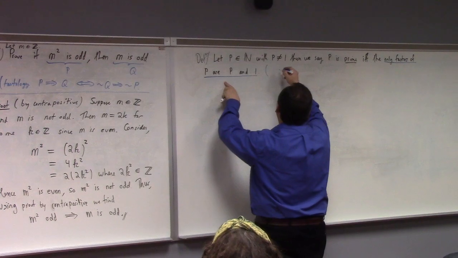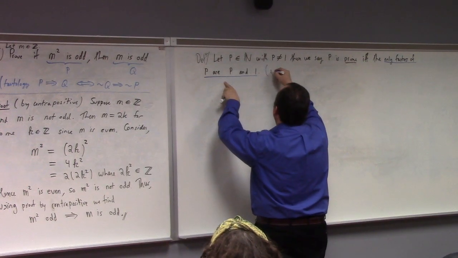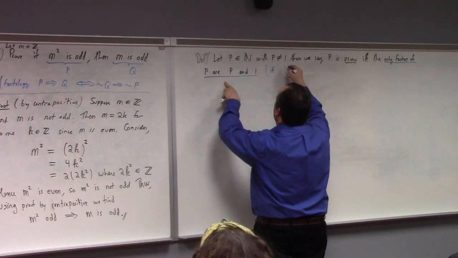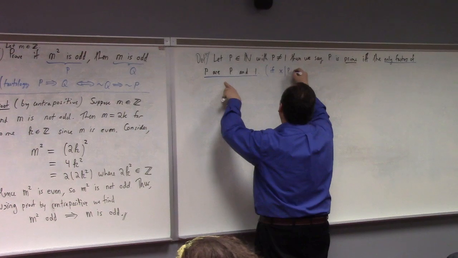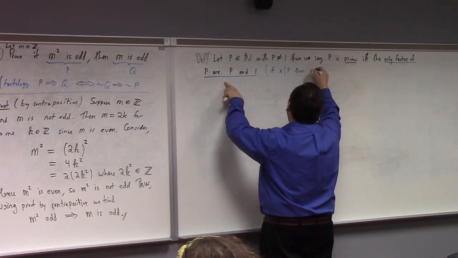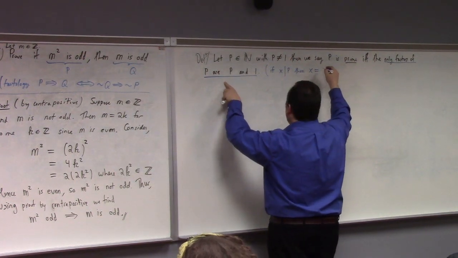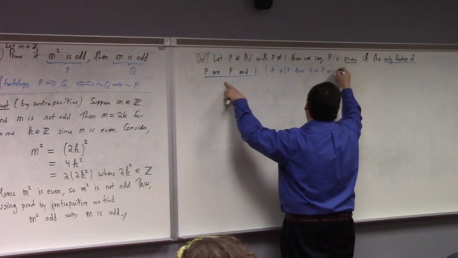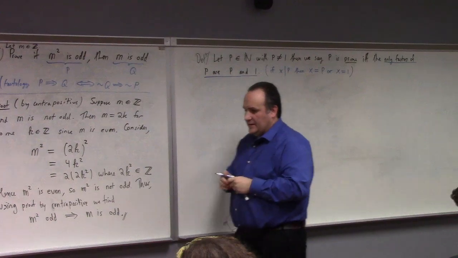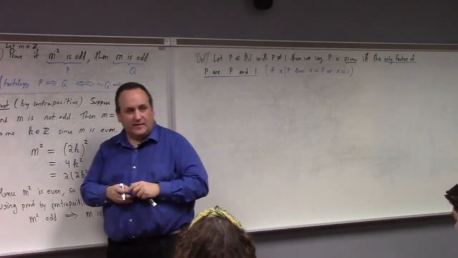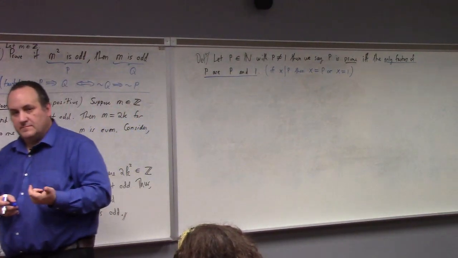If x divides P, then x is equal to P or x is equal to 1. Another way to say that is it's only divisible by itself and 1.